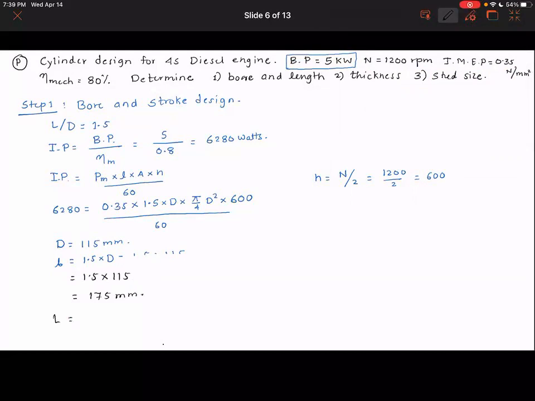Capital L, which is the total length, is 1.15 times l, which is 200 millimeter. Now, the next step is we have to find out the thickness of the cylinder head.